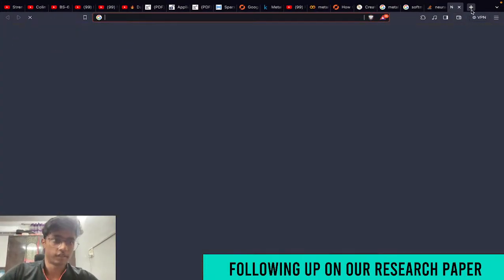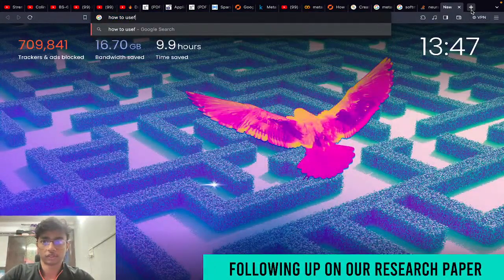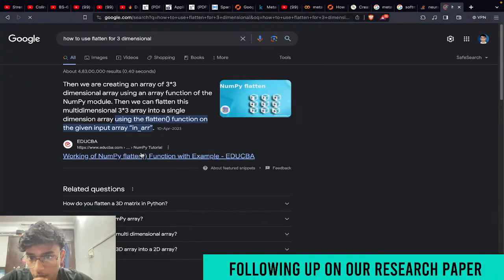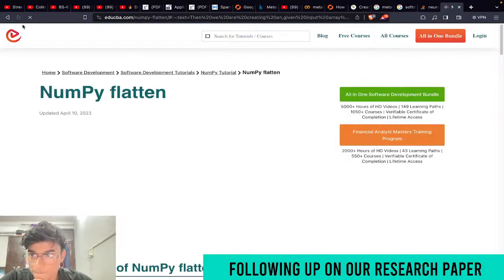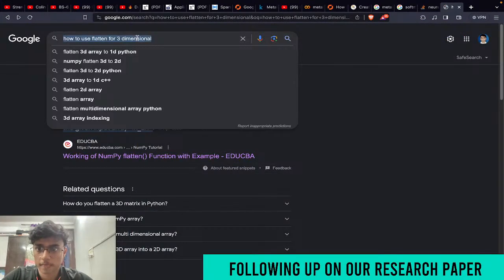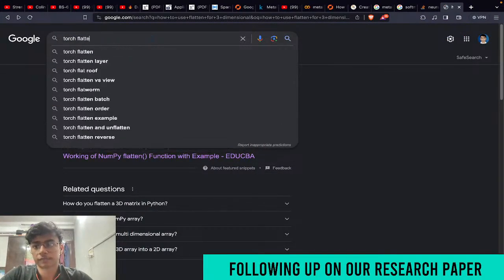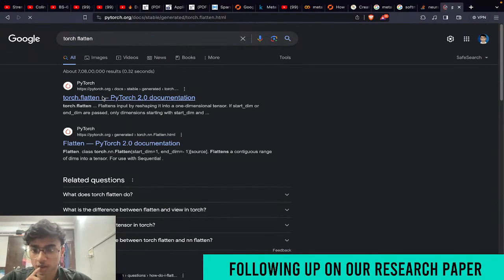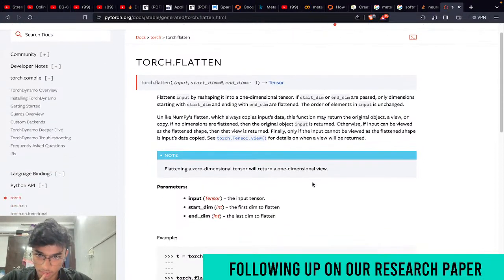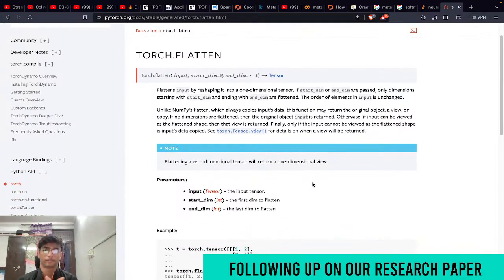How to use flatten? Source dot flatten input, start dim, end dim.